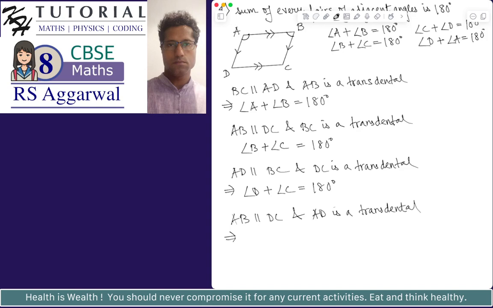So we can see that angle A and angle D are two interior angles on the same side of the transversal. So their sum should be equal to 180 degrees. So this proves that the sum of every pair of adjacent angles is equal to 180 degrees. This is purely based on parallel lines and transversals. Okay, so this is proved.